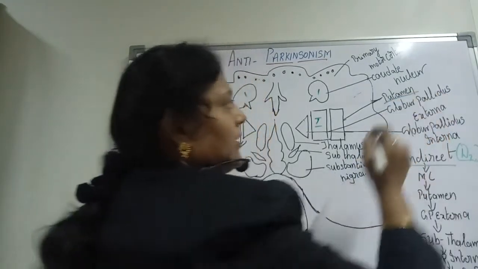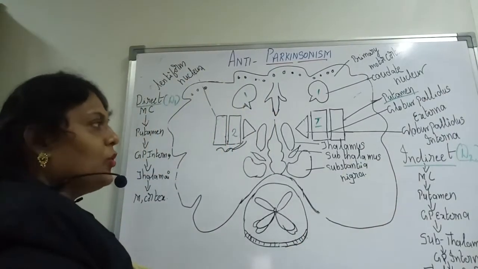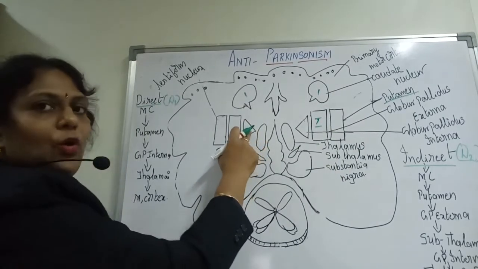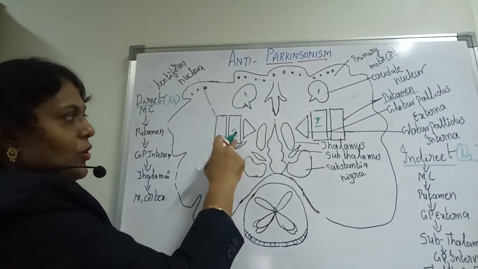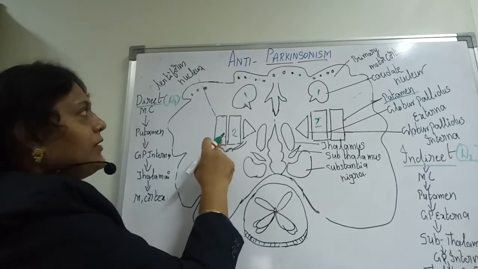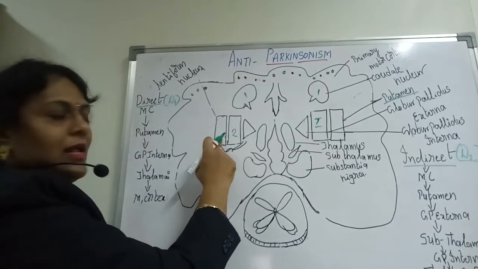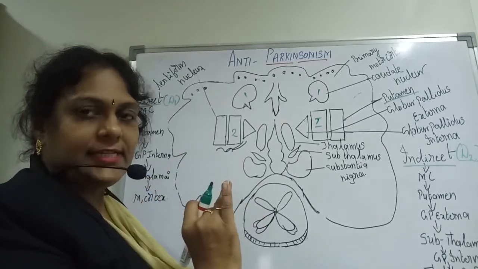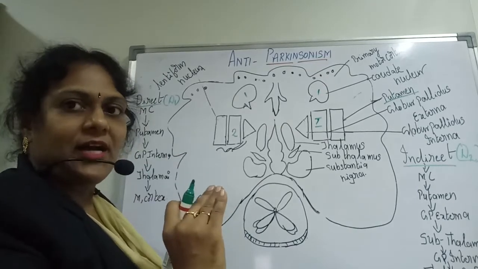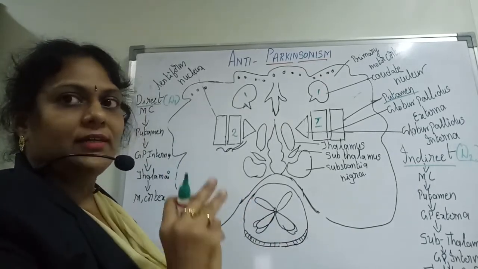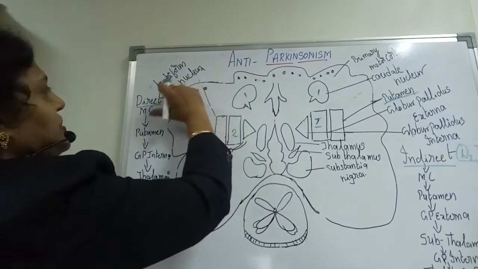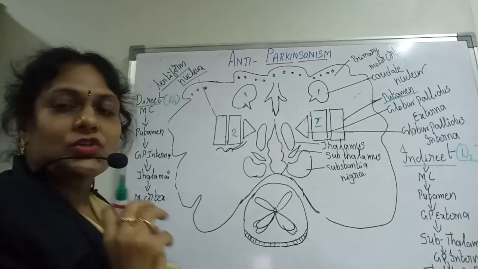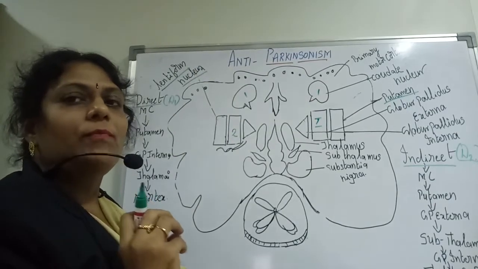You can see the word here: putamen. So this consists of three parts. The first triangle is the globus pallidus interna, then the globus pallidus externa, and the last one is the putamen. All these three together, the putamen, the globus pallidus interna and the globus pallidus externa, are called the lentiform nucleus.